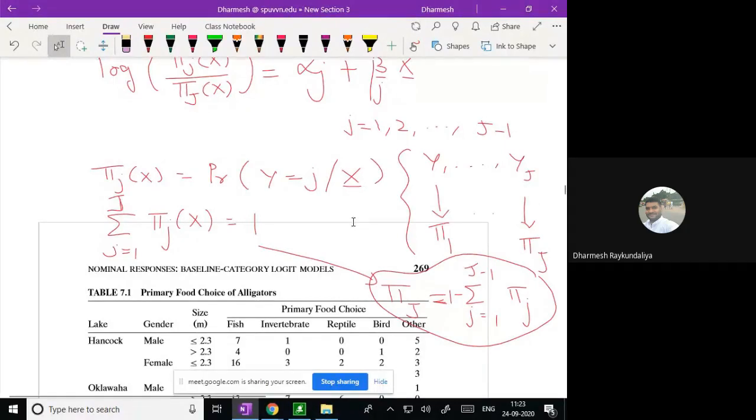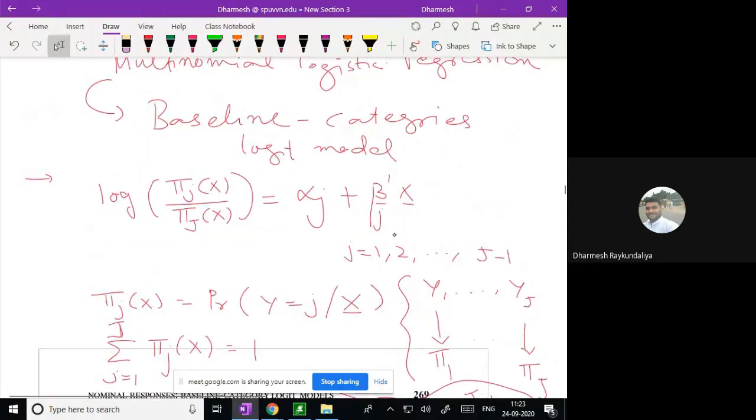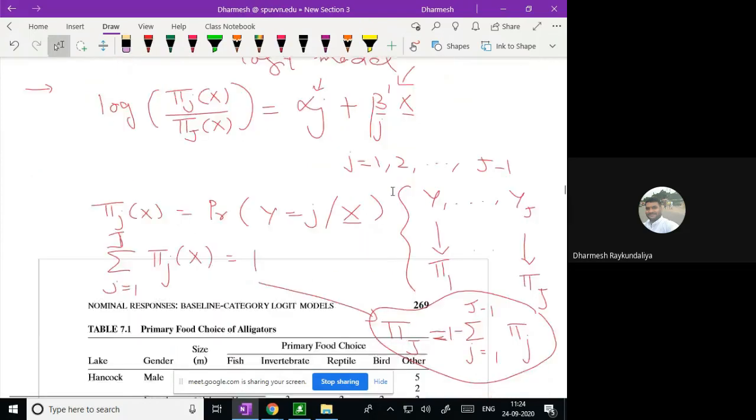So how will you obtain the probability for the last category? It is obtained from the capital pi J. Because there are J minus 1 logit models, you can see that in multinomial logistic regression, you have separate J minus 1 intercepts and separate J minus 1 regression coefficients.